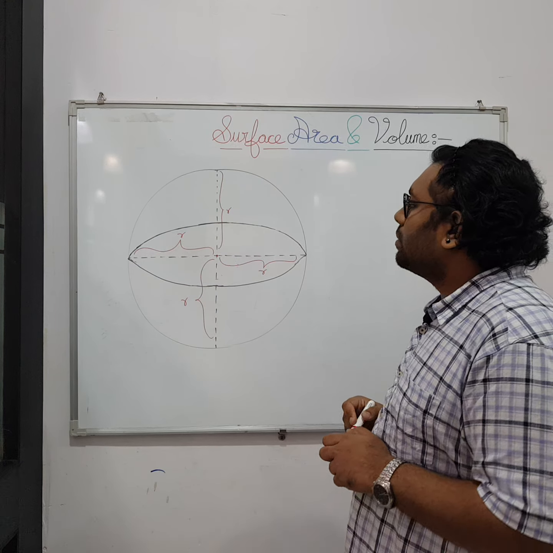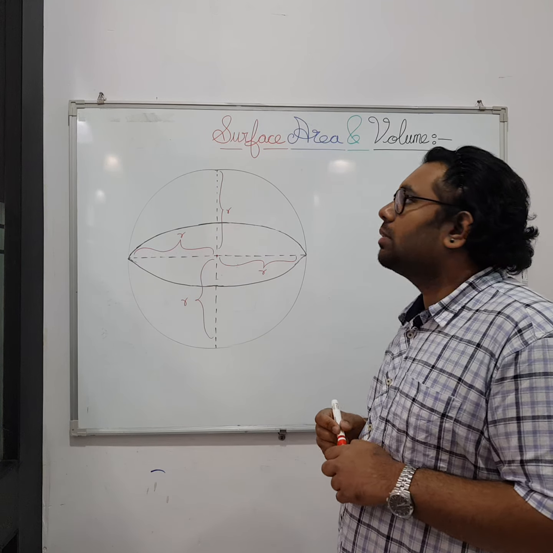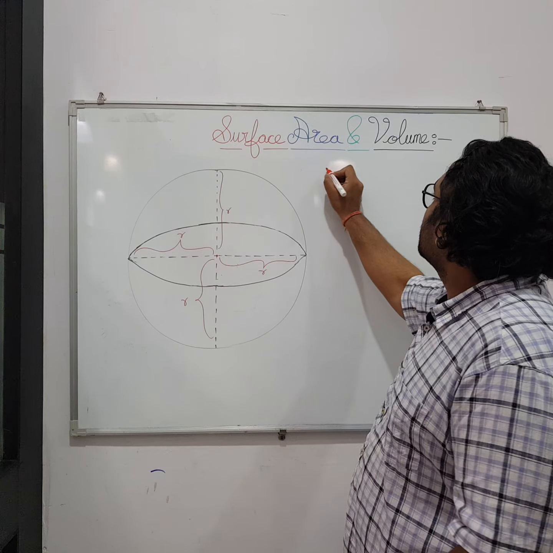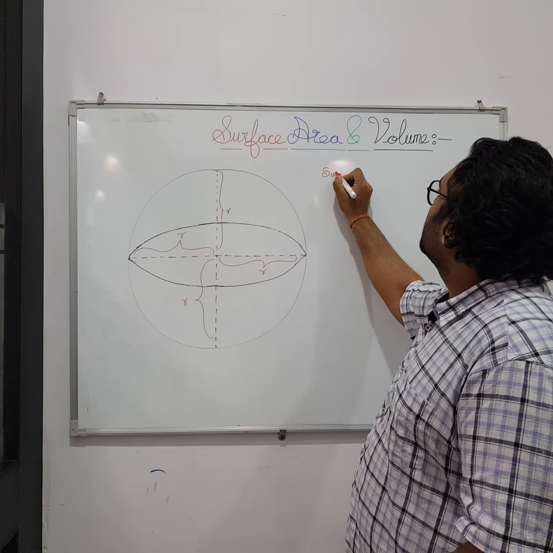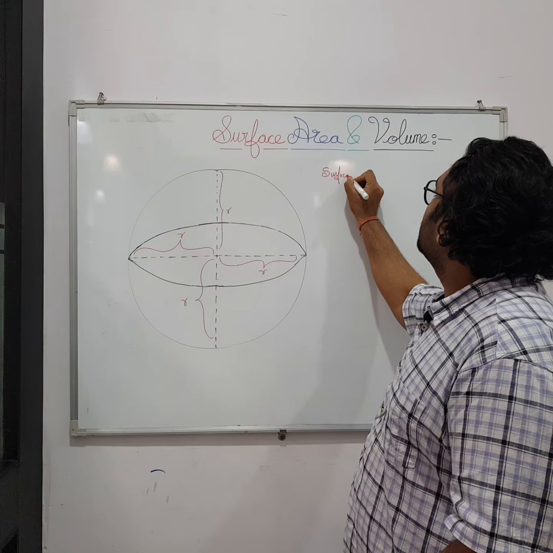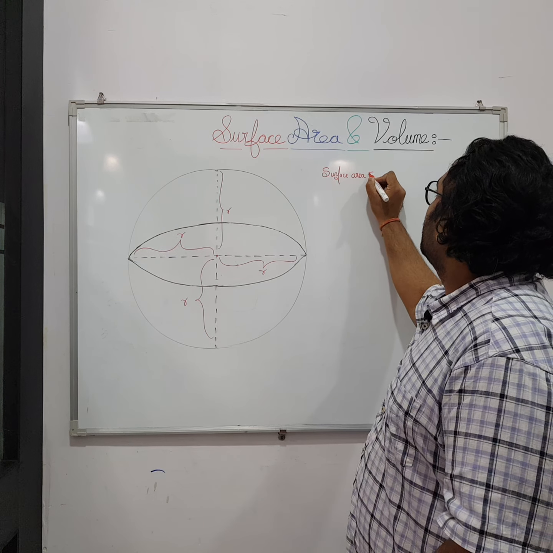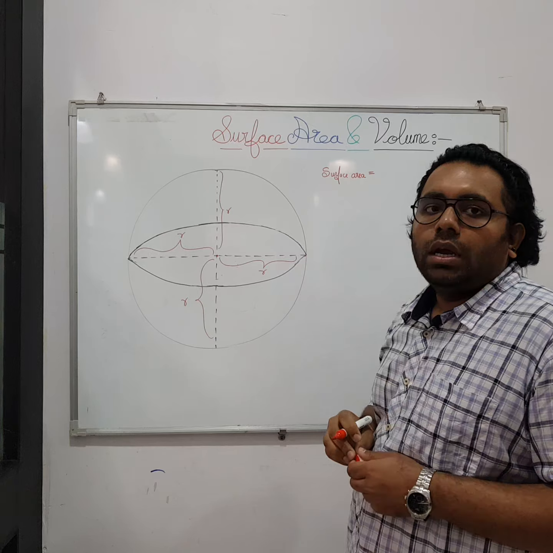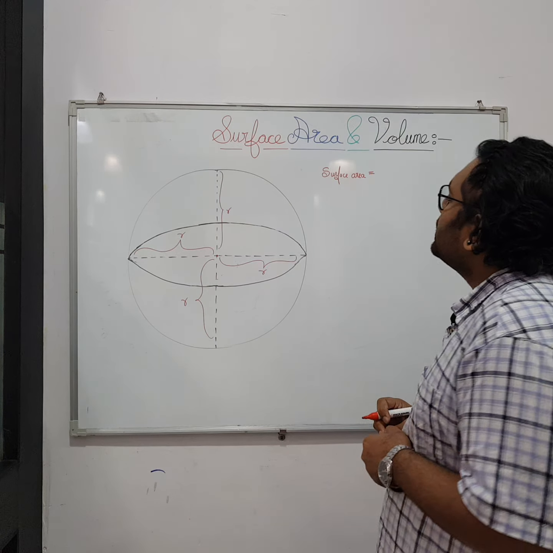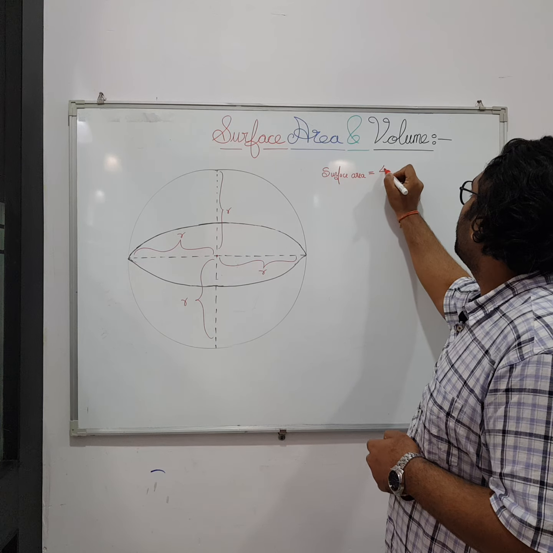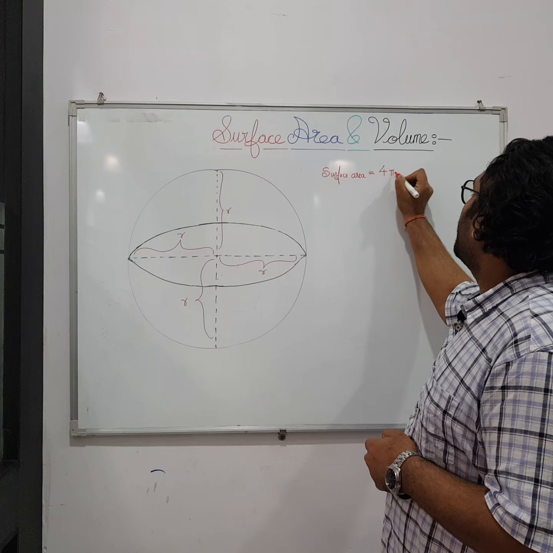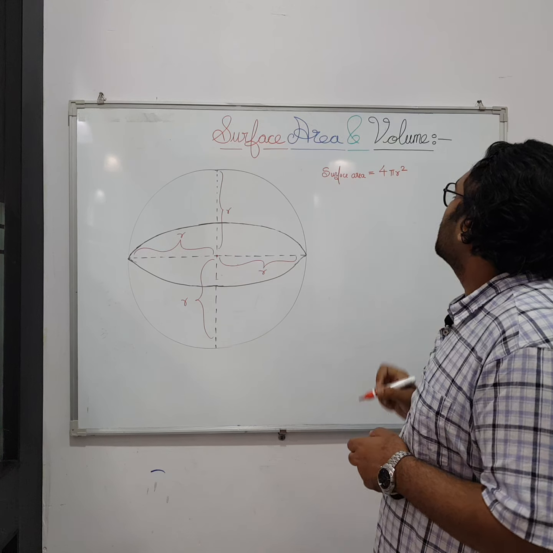Now, the very first formula which we will be discussing is the surface area of a sphere. As you know, the surface area of a sphere is nothing but 4 pi r square.